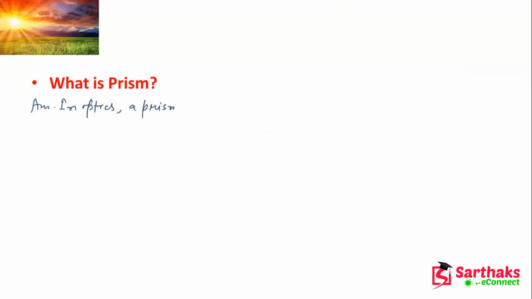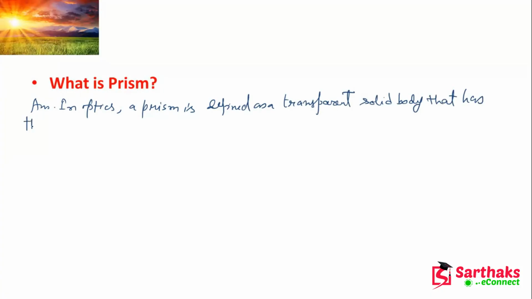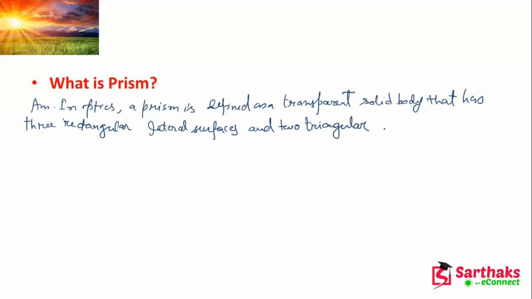A prism is defined as a transparent solid body that has three rectangular lateral surfaces and two triangular faces that are inclined at an angle.